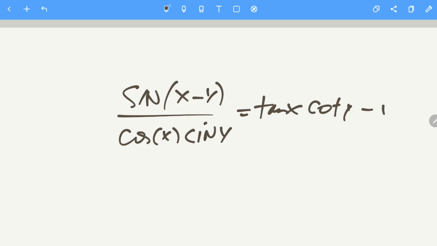So in this case, it's recommended to start from the left, even though the right hand side has a tangent and a cotangent, because we can apply an identity to simplify the sum angle, to break it into simpler angles, and then simplify and reach the right hand side. So in this case, we must start from the left.